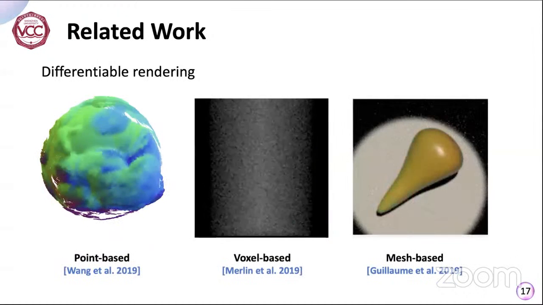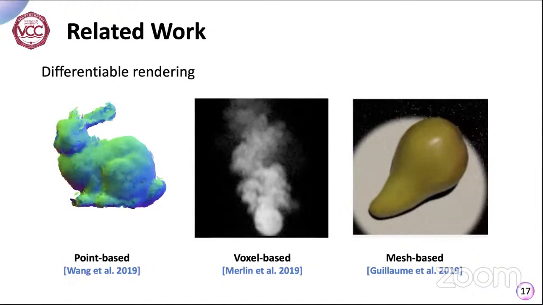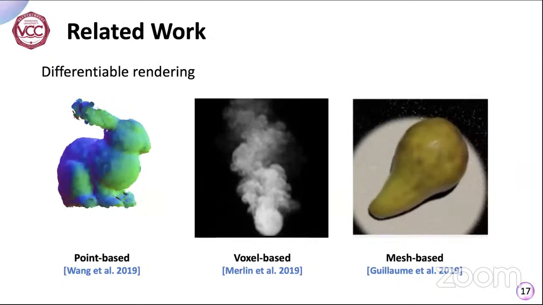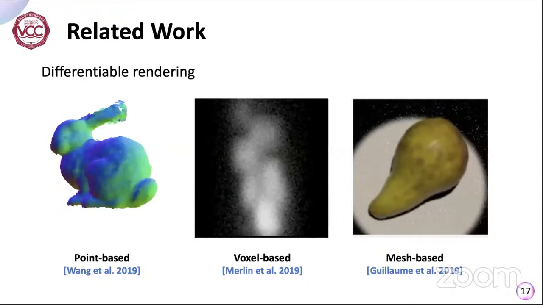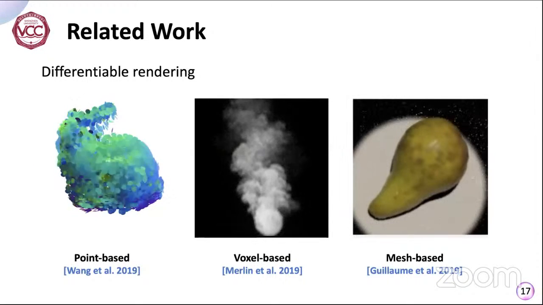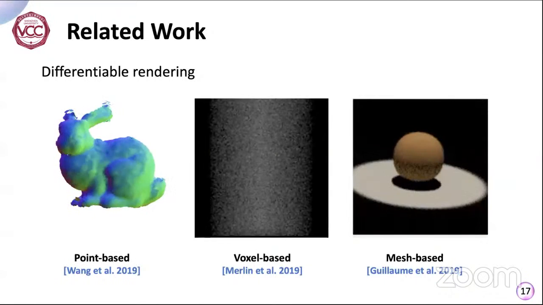The existing DR methods can be classified into 3 categories based on their geometric representation: point-based, voxel-based, and mesh-based. Voxel-based DR is mostly used when considering volumetric scattering, such as smoke, cloud, in homogeneous instances.